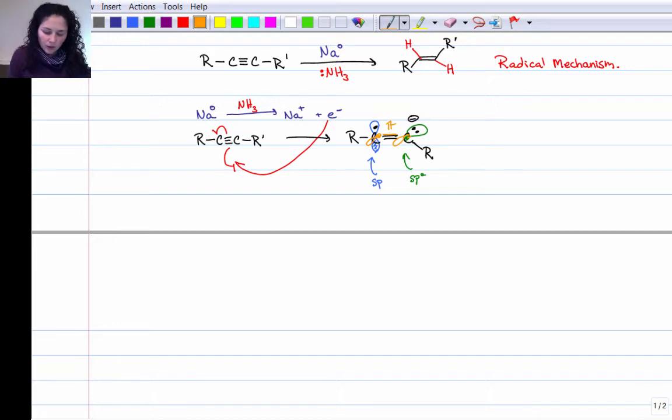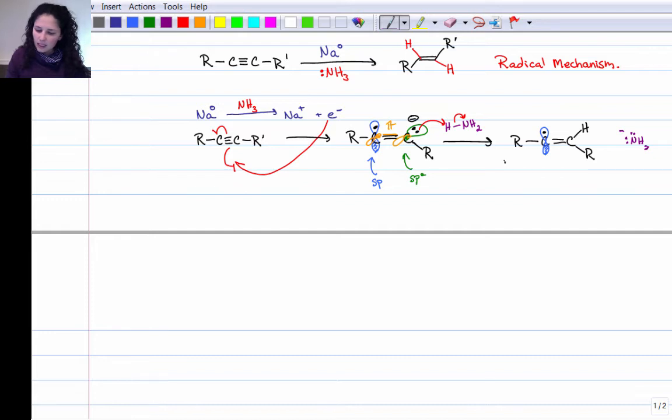Okay, so the next thing that happens is this anionic carbon is going to attack ammonia to get rid of its anion, and it produces a negative charge on nitrogen, which is a really strong base. And this carbon is still sp2 hybridized, and it's now a trigonal planar carbon. But there's still a p orbital here that contains the radical.